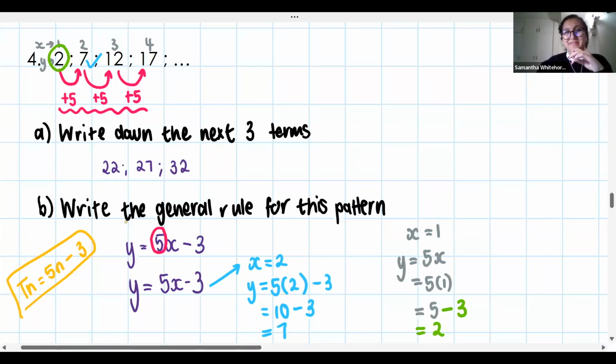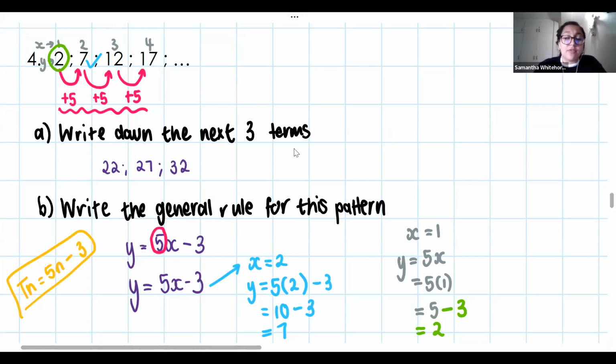So what Simtanda said, there are some people who have learned it with TN. We have spoken about TN in our course on patterns. So you can use TN, but this is more just to remind you of how to find a rule.